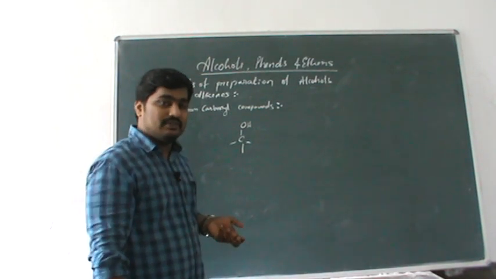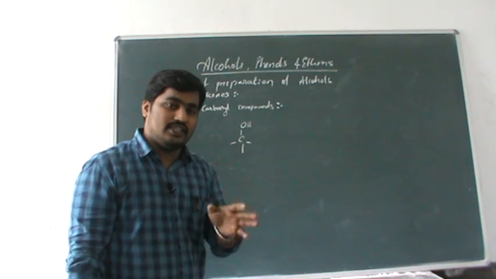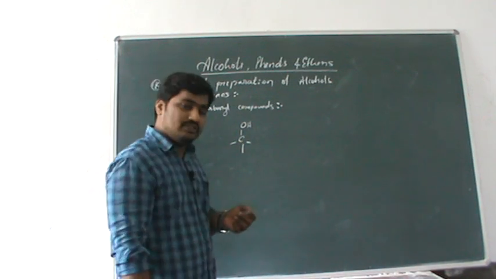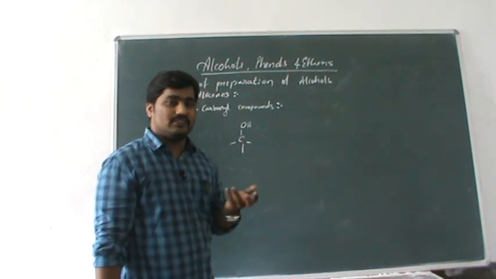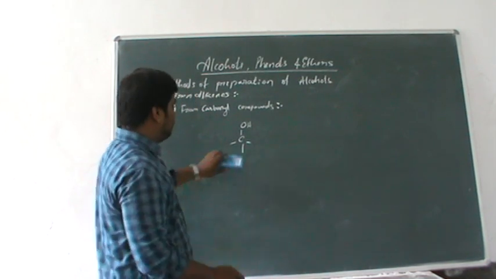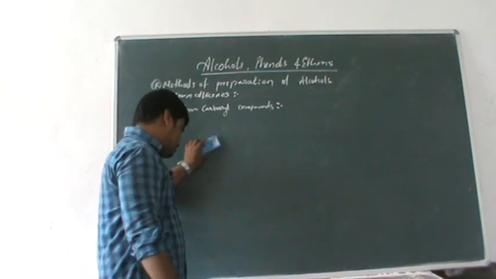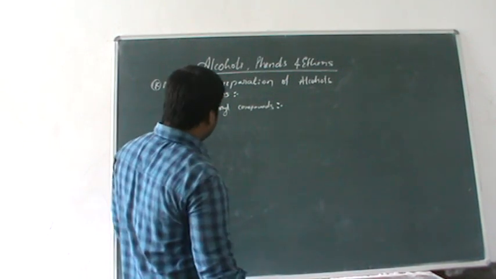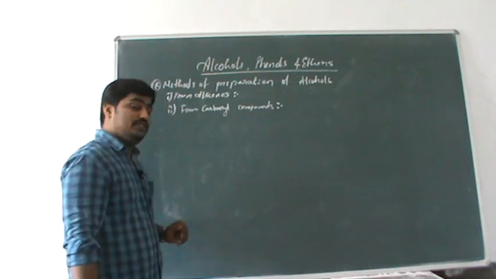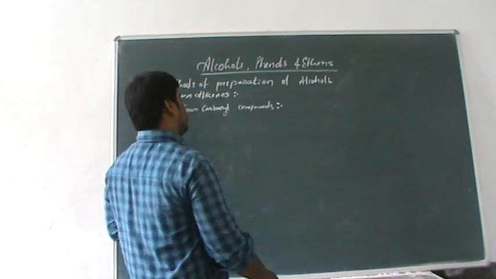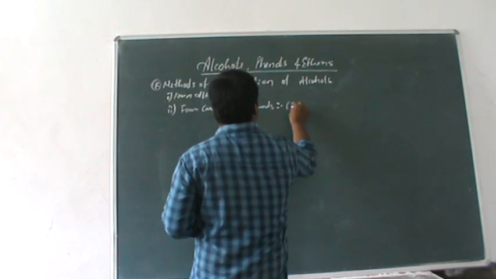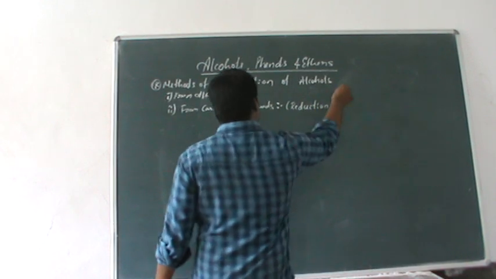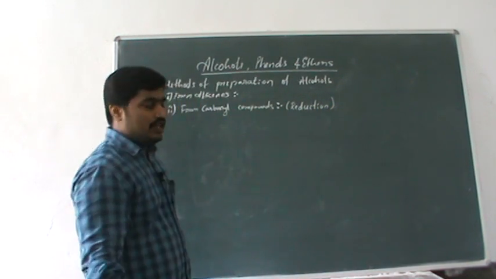The process that involves addition of hydrogen is known as reduction. So when carbonyl compounds are subjected to the reduction process, we get alcohols.